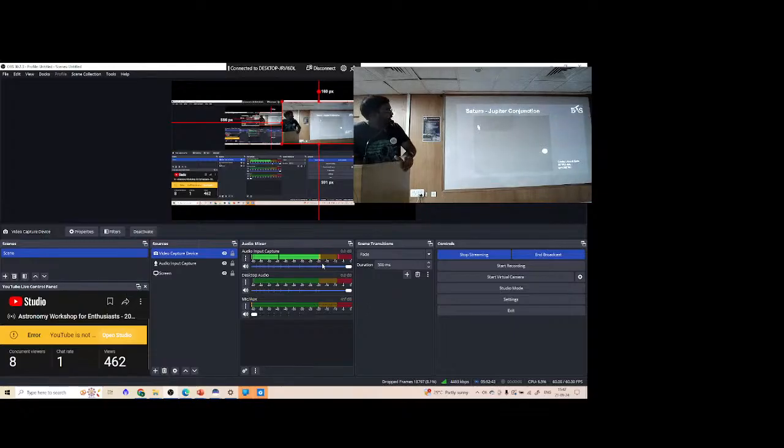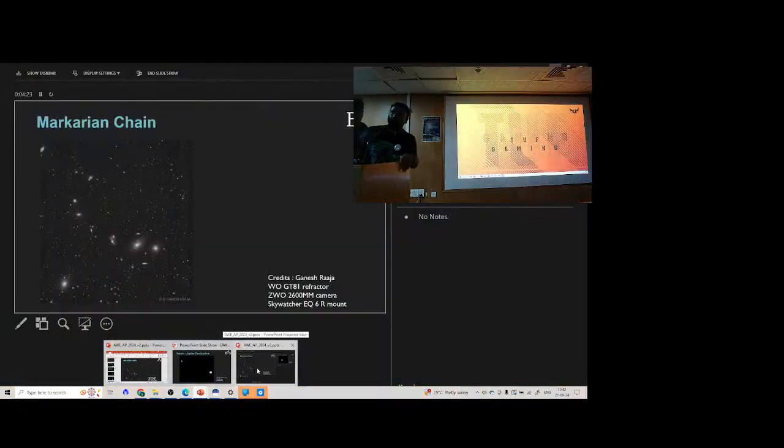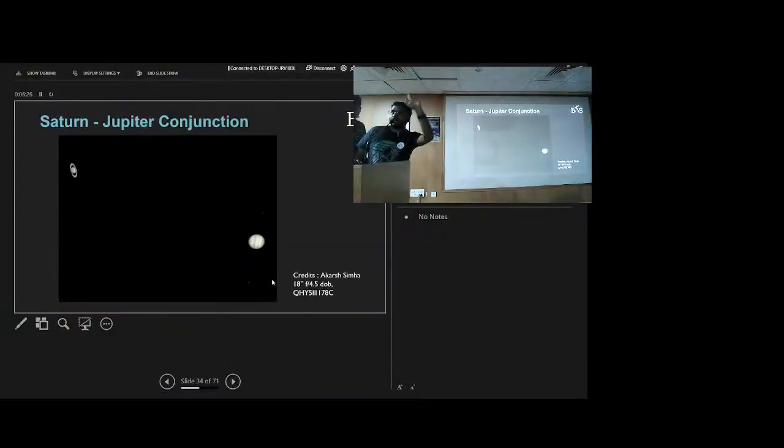Yes, I have written Saturn Jupiter conjunction. So what does this mean? In the sky, Saturn and Jupiter came very close. Does it mean that they have been close? Meaning, are they so close that somebody from Saturn can wave a hand and show it to somebody on Jupiter? Is it that way? In the morning it was explained that they don't have to be in the same plane, of course, right?